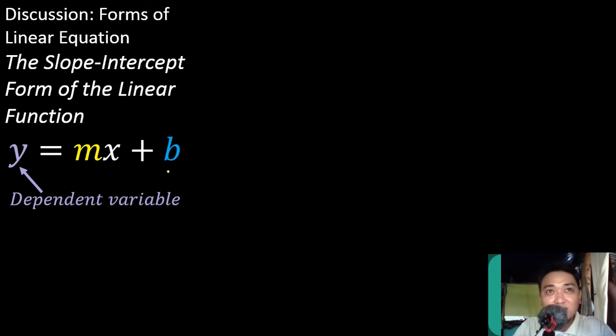Tapos, pagka sinold natin, times 5 plus 150. Pag sinold natin, yung nagiging result, yun yung dependent variable. Kaya siya tinawag na dependent variable kasi nakabase or nakadepende yung magiging result ni y sa kung ano yung value ni x.